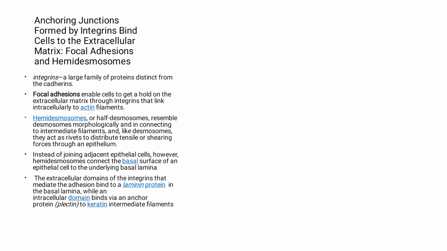The extracellular domains of the integrins that mediate the adhesion bind to a laminin protein in the basal lamina, while an intracellular domain binds via an anchor protein, or plectin, to keratin intermediate filaments.